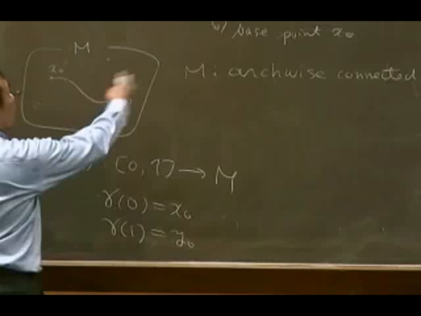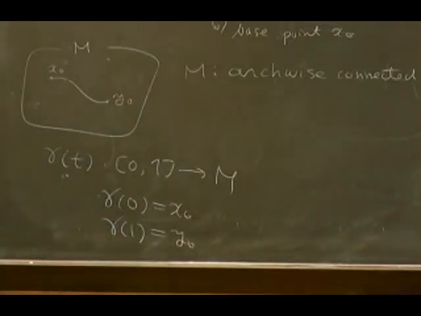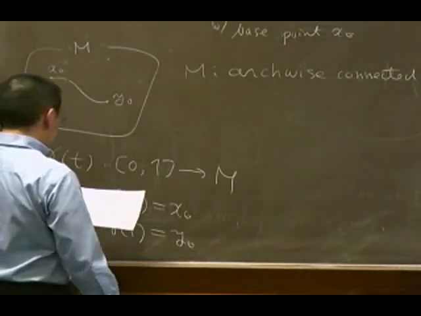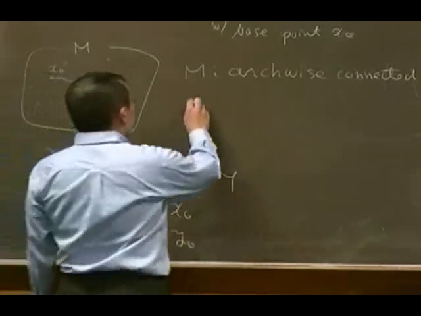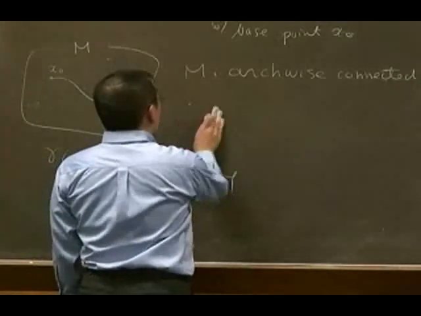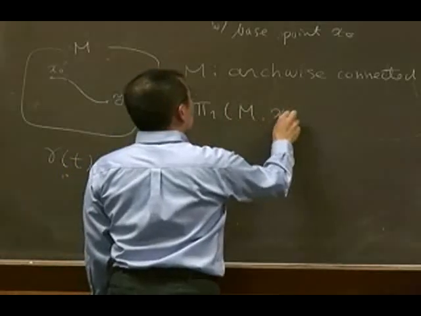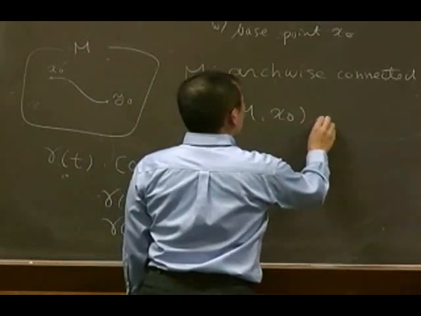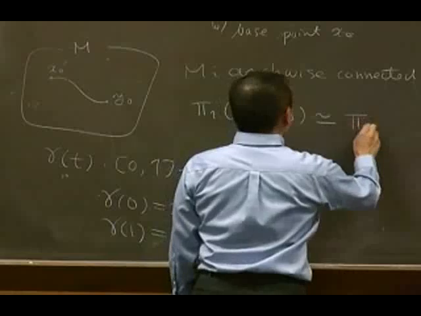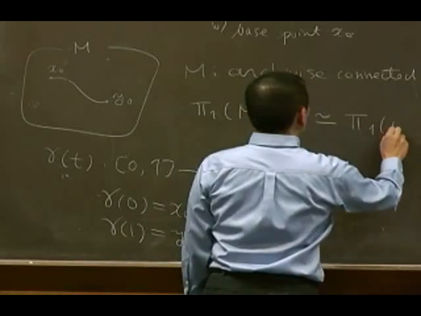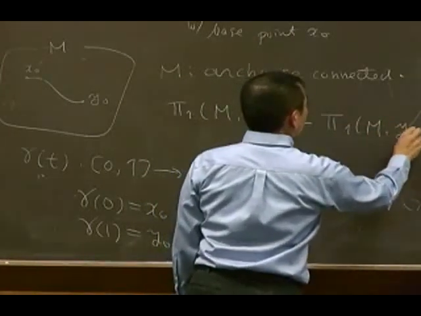But anyway, if you have an arcwise connected topological space, then you can show that pi 1 of M at x0 is isomorphic as a group to pi 1 of M at y0.